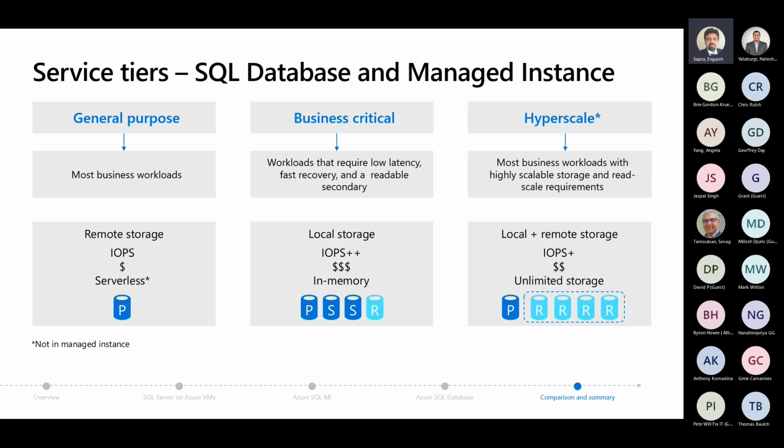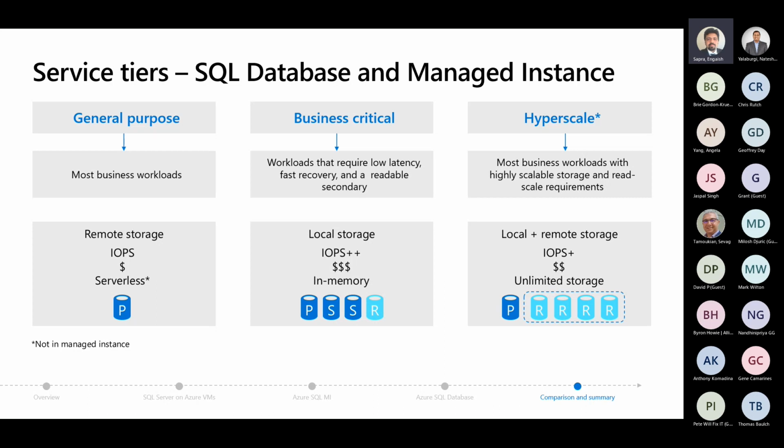That's another key database feature, especially from an application standpoint, since a lot of high performing applications that are not really legacy have the capability of in-memory online transaction processing. If you have such an application that requires this capability as well as the response times, then the business critical tier becomes the obvious choice.